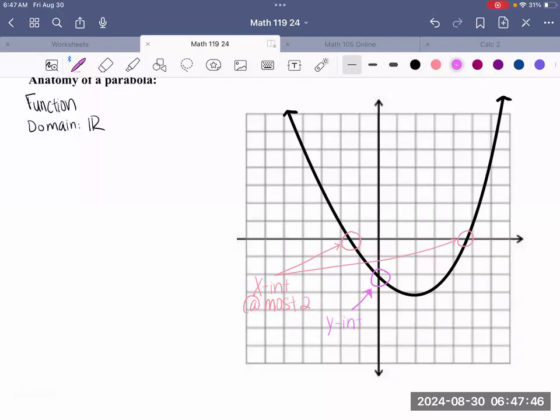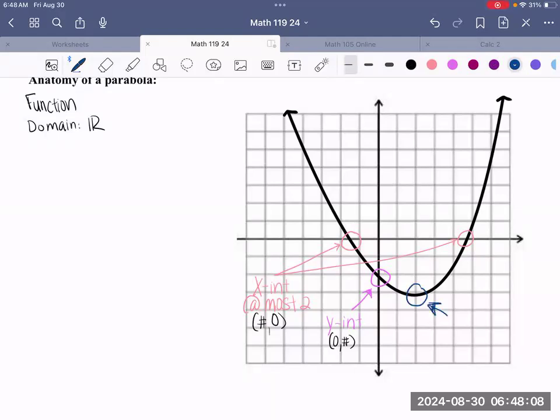Keep in mind these intercepts: for your x-intercept, x is going to be a number and y is going to be 0. And for your y-intercept, x is going to be 0 and y is some number. Now, some other important features: we have this portion of your graph right here.